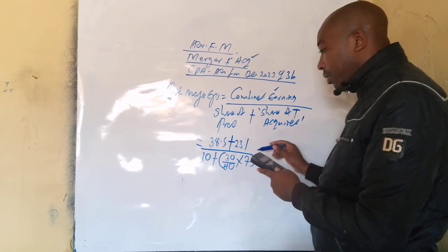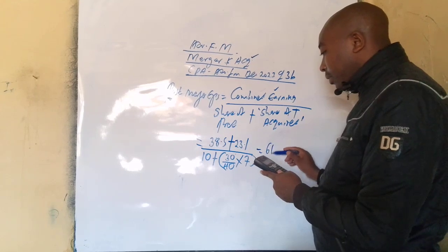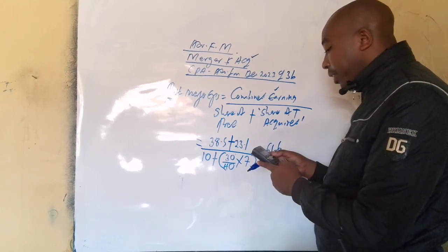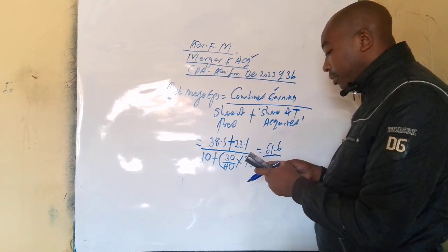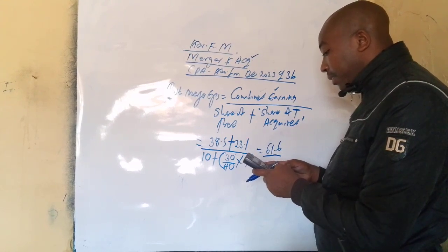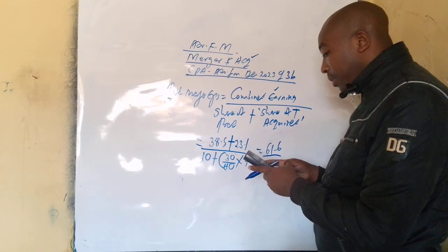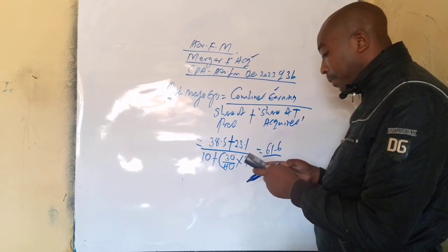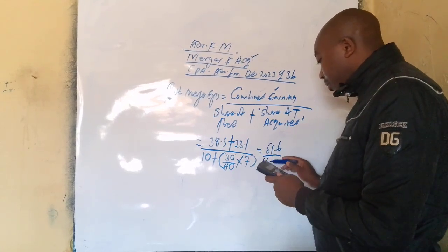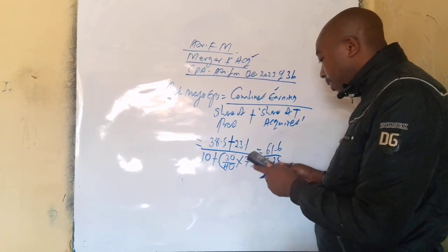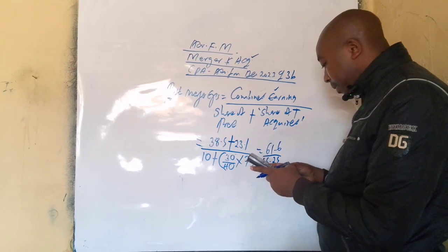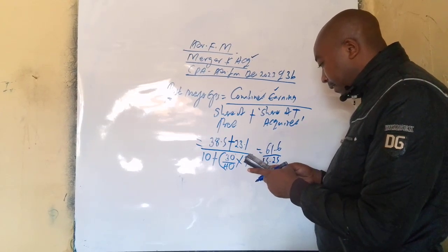So take that 8.5 plus 23.1, then here I'm getting 61.6. Down here we have 30 over 40 by 7, then plus 10, we get 15.25. Now take 61.6 divided by that answer.